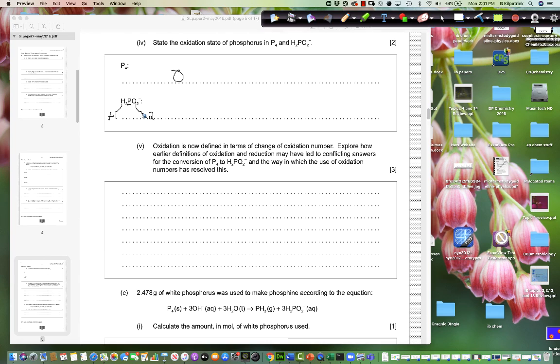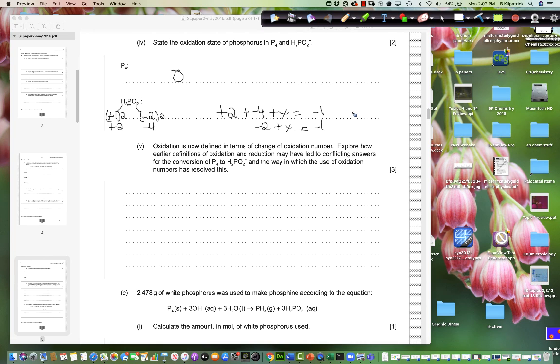So -2 times 2 would be -4, and +1 times the 2 would be a +2. So +2 plus a -4 plus some number, which is what phosphorus would be, is equal to -1. Well, +2, -4, that would give me a -2 plus X.